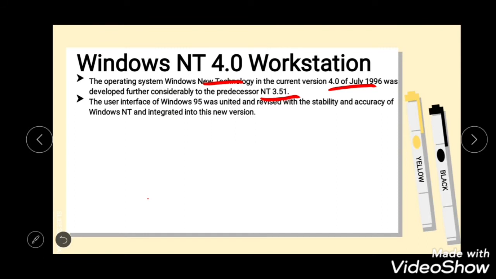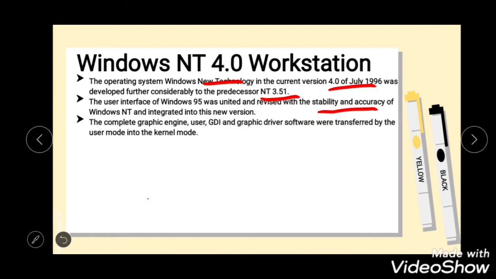The user interface of Windows 95 was taken and revised with the stability and accuracy of Windows NT and integrated into a new version. Then the complete graphic engine, user GDI, graphic driver software were transferred to the user mode and the kernel mode.